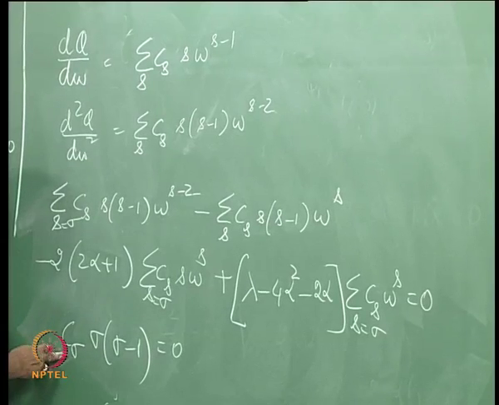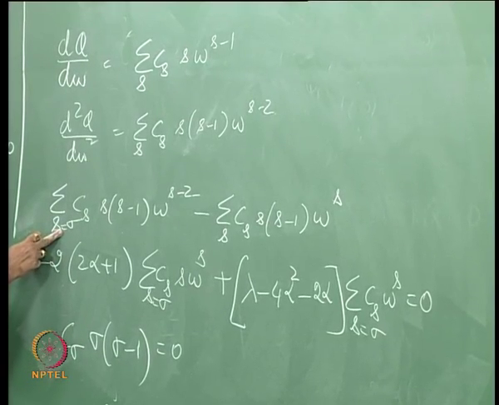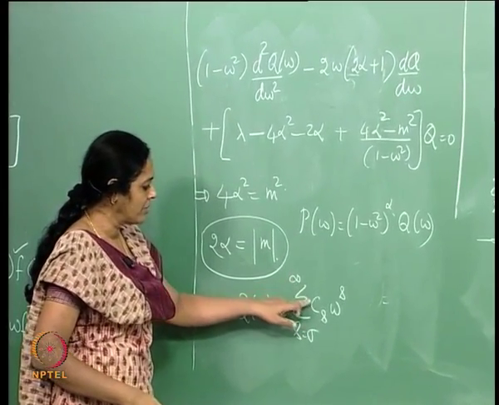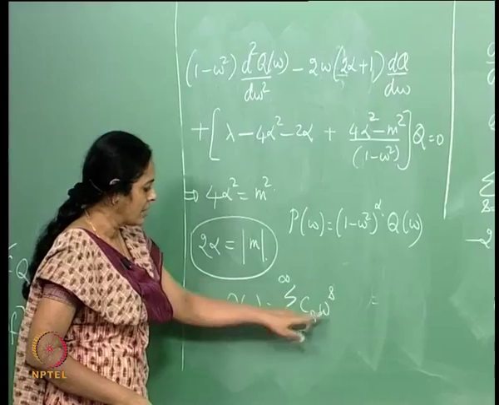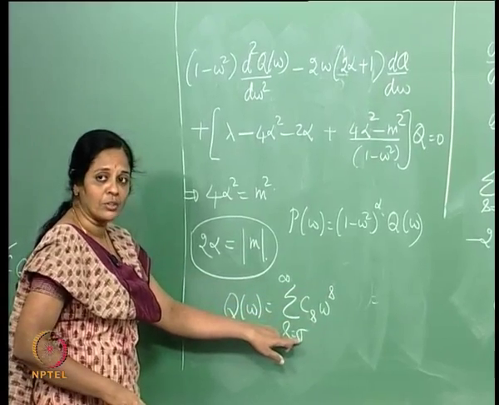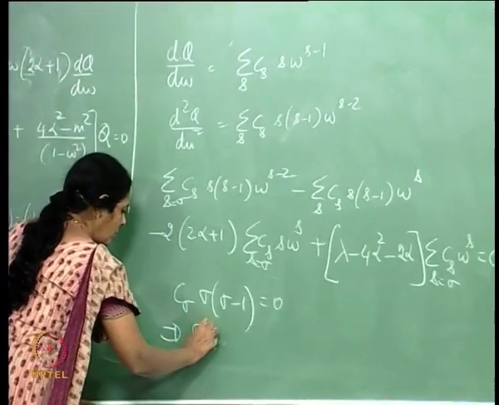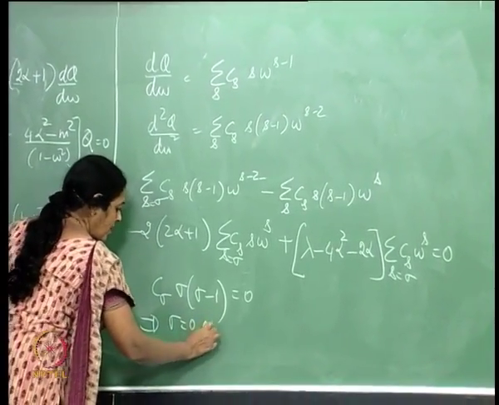But C sigma is not 0, because you have written the series as summation s equals sigma to infinity C_s w to the s, and the lowest non-zero contribution comes from sigma. Since C sigma is not 0, sigma is 0 or 1.